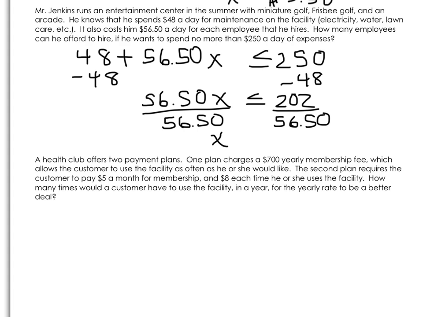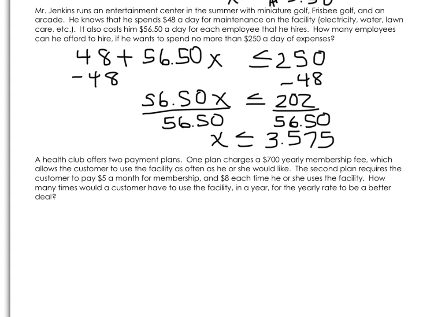Now we need to eliminate that 56.50. And that gives us that x is less than or equal to 202 divided by 56.50, which is 3.575. Well, how many employees can he hire? He can hire 3 for sure. What about that 0.575?